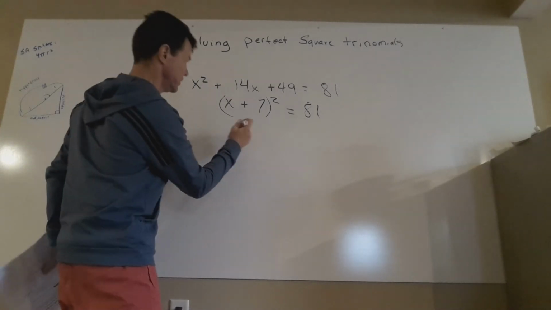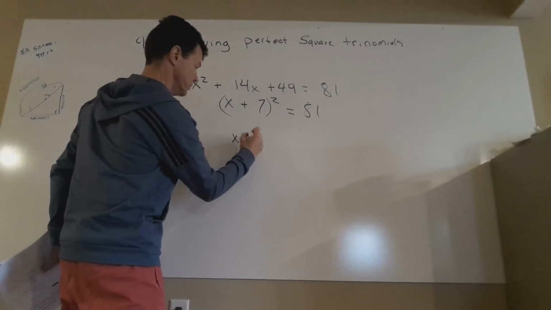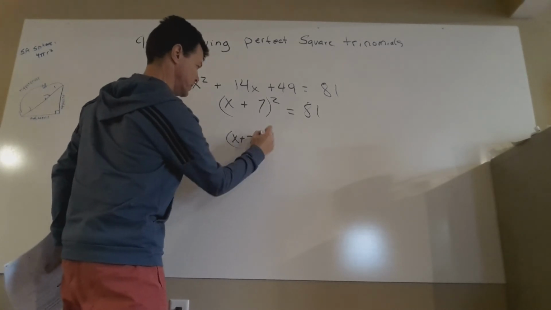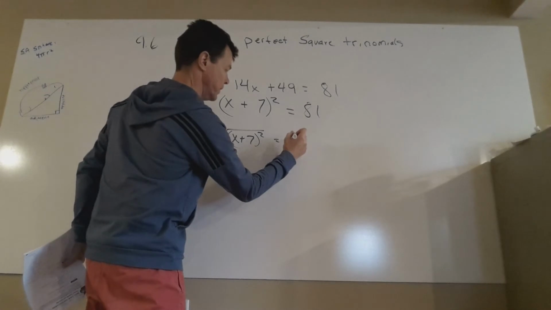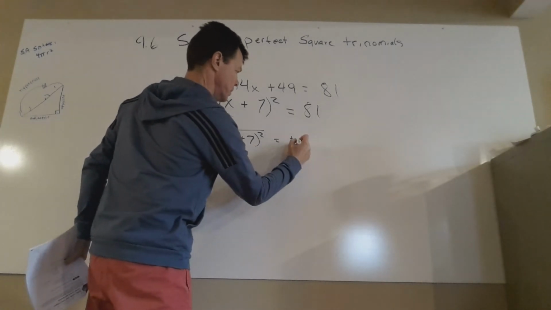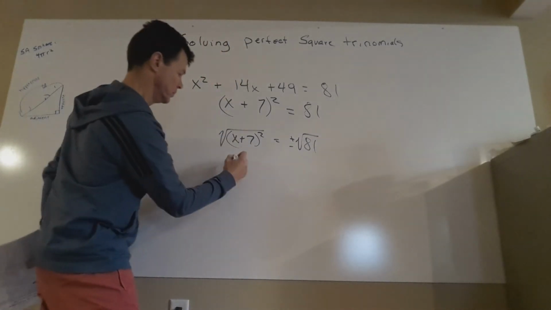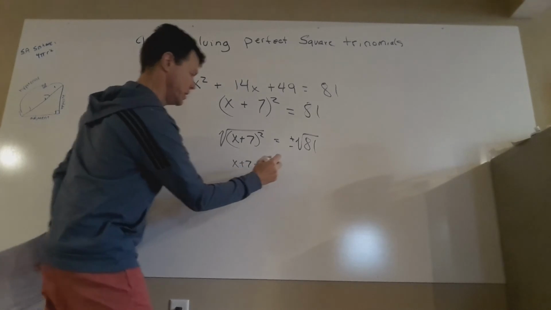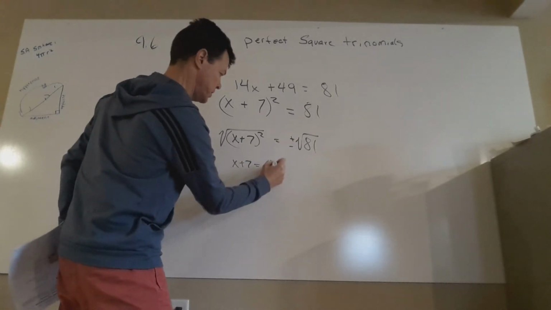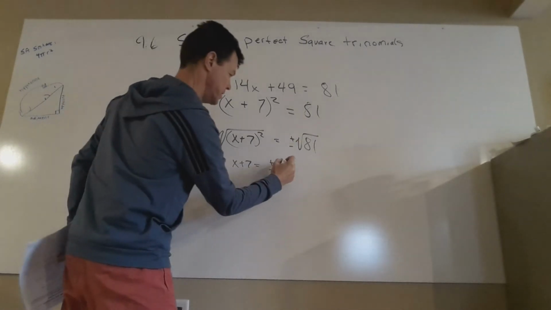So x plus 7 squared, take the square root of this, square root of 81. X plus 7 equals plus or minus 9.